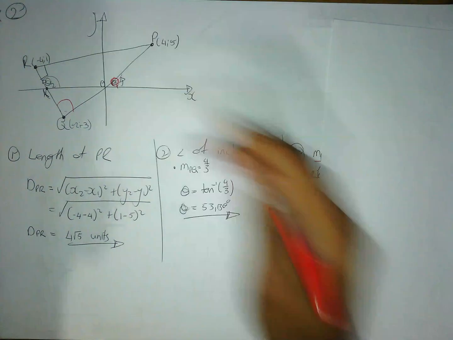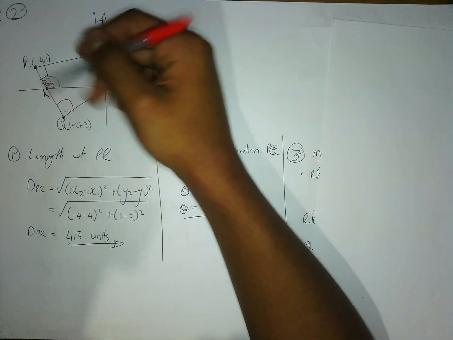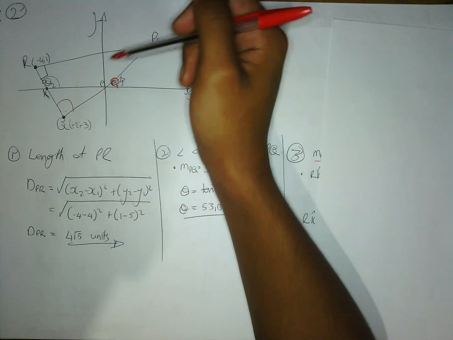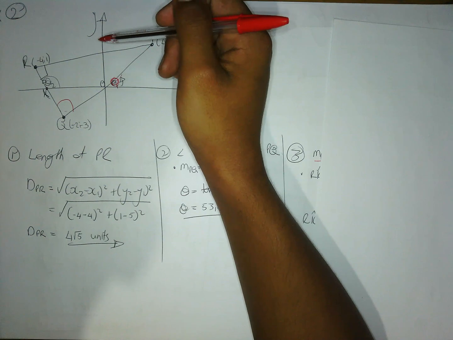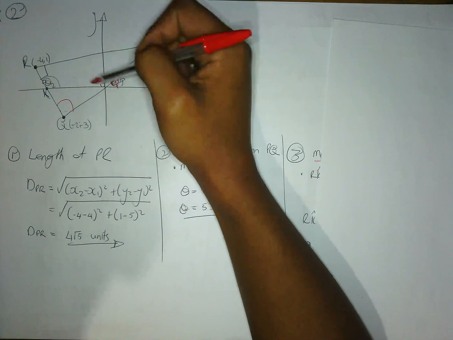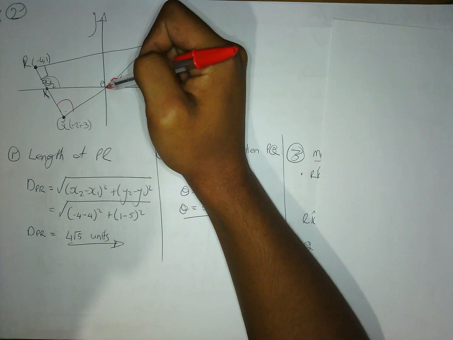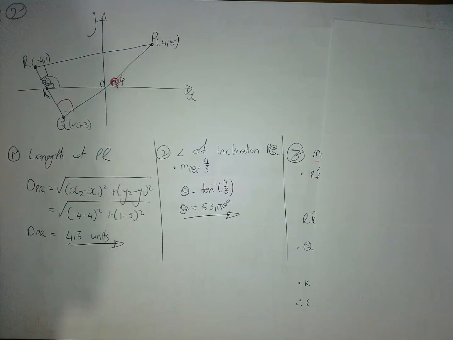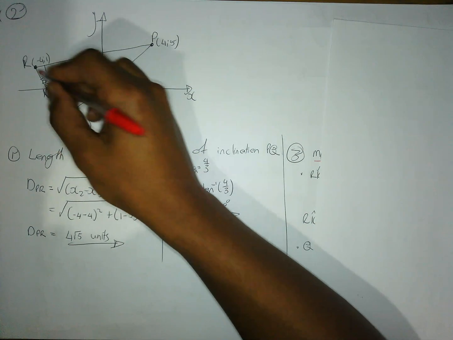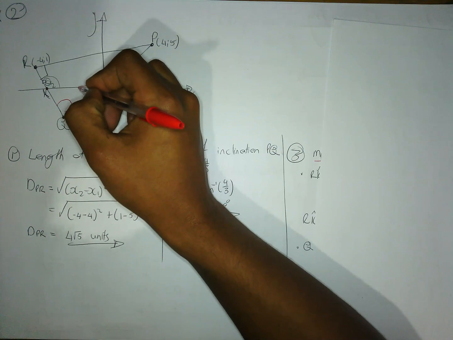Because they gave us the gradient of RQ as -2, I can get the angle of inclination of this here. So I can get RKO. How I got RKO was, I can see that this is the obtuse angle, bigger than 90 degrees.